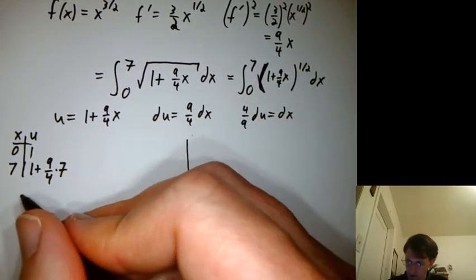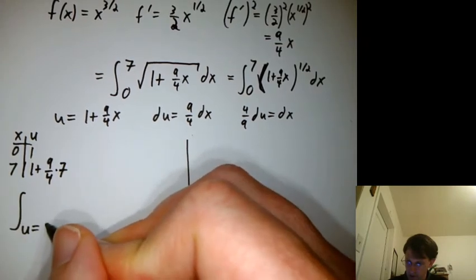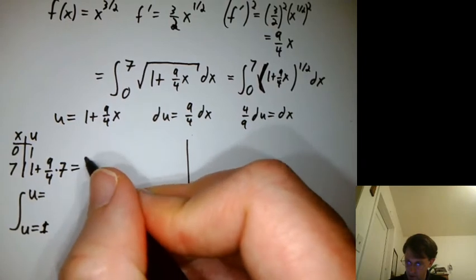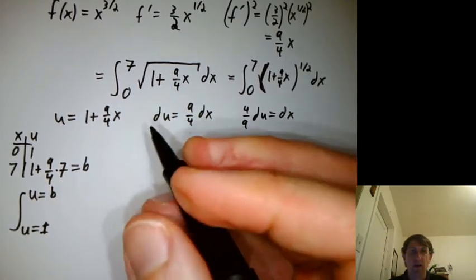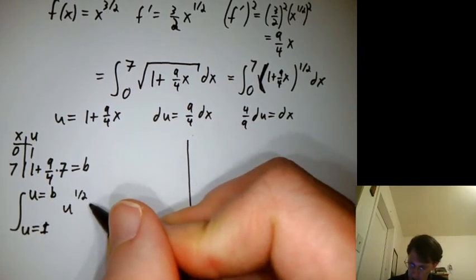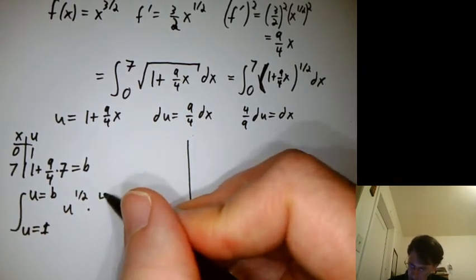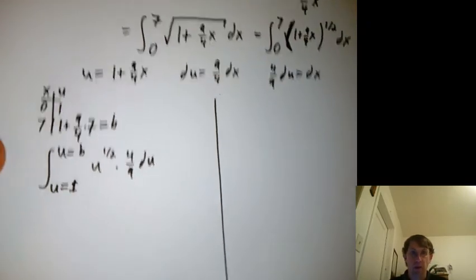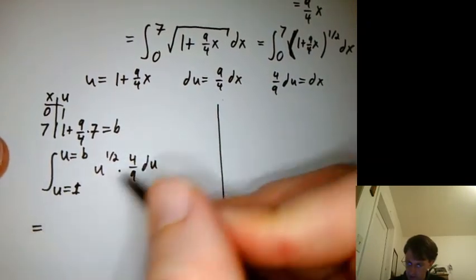And then we'll rewrite the integral from u equals 1 to u equals, let's just call that b, of u to the 1/2 times 4/9 du, and take the antiderivative.